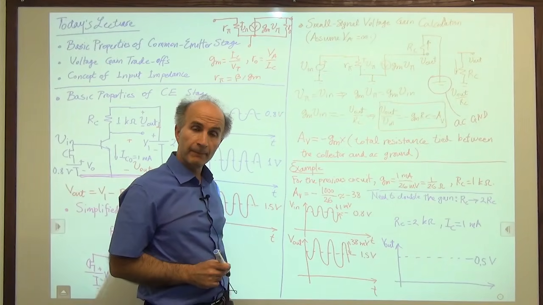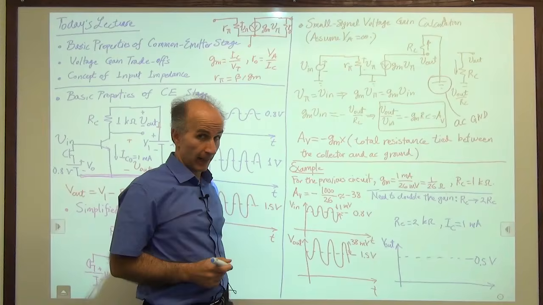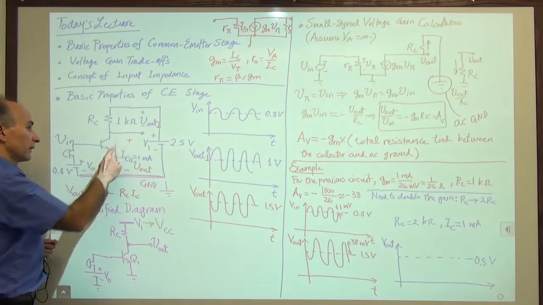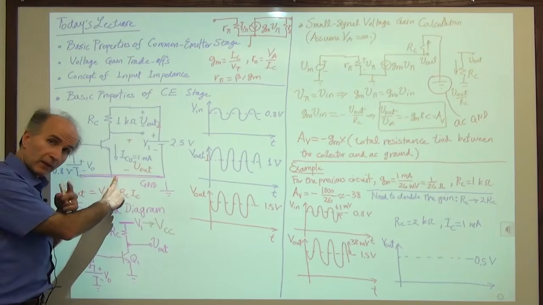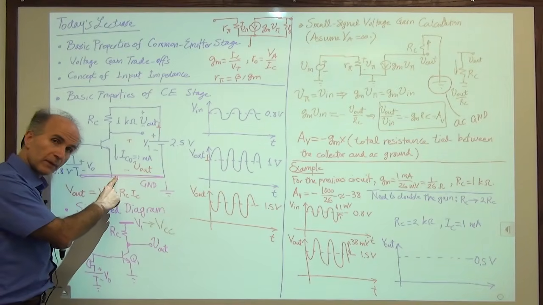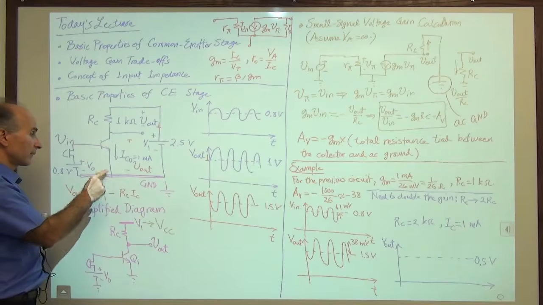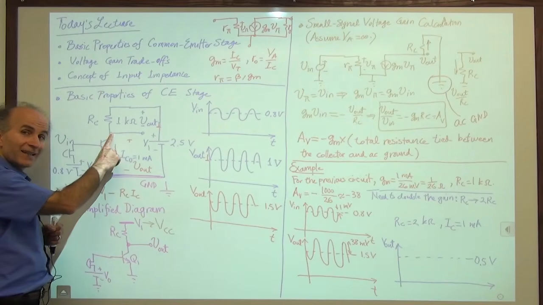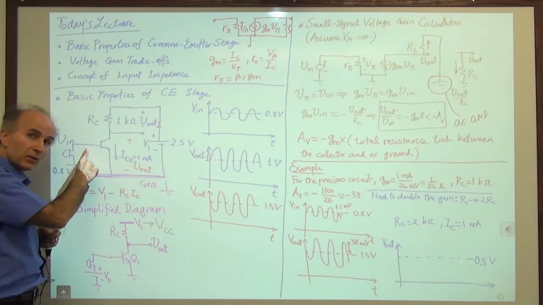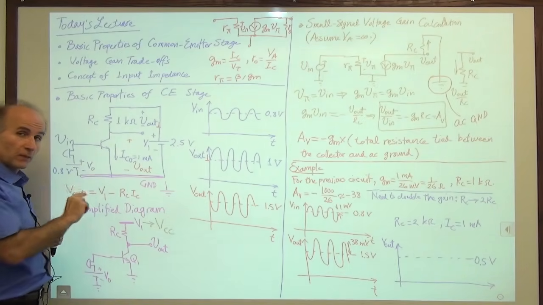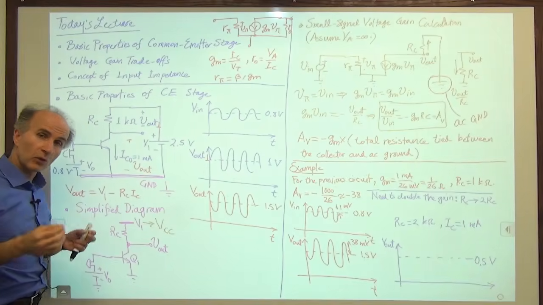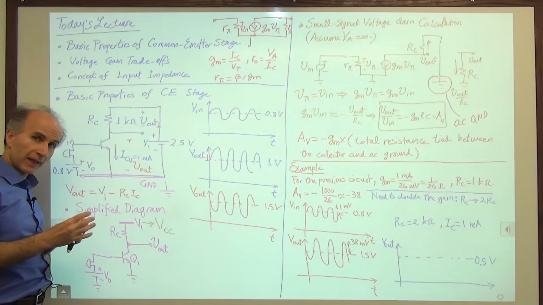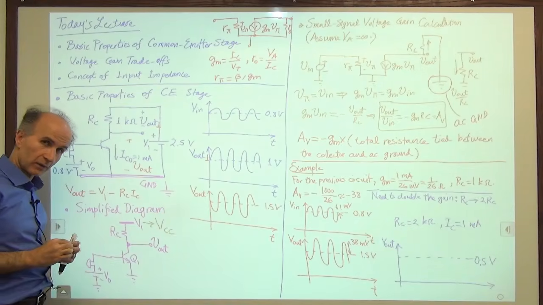Is that a problem? That's a problem, because if the collector emitter voltage, even without the signal, is 0.5 volts, and the base emitter voltage is 0.8 volts, then the collector voltage is less than the base voltage, which means the base collector is forward biased, and we are no longer in the forward active region. The transistor has entered saturation.